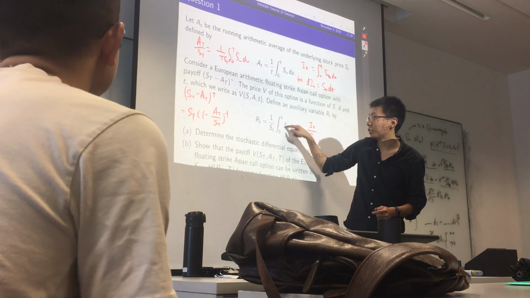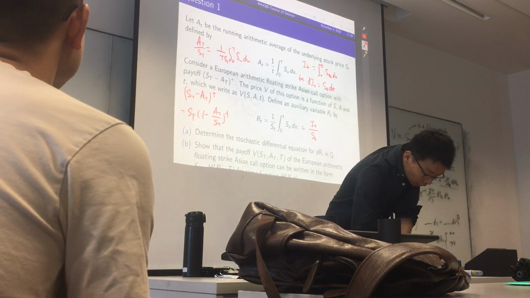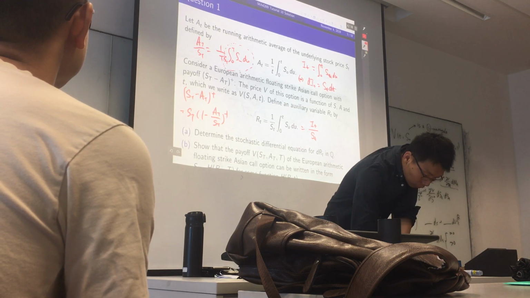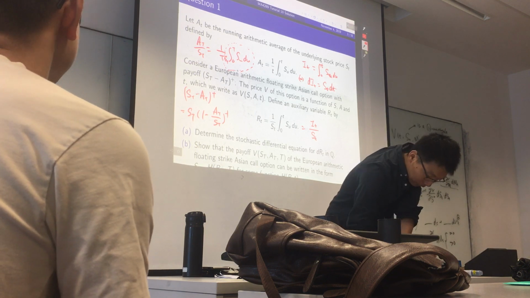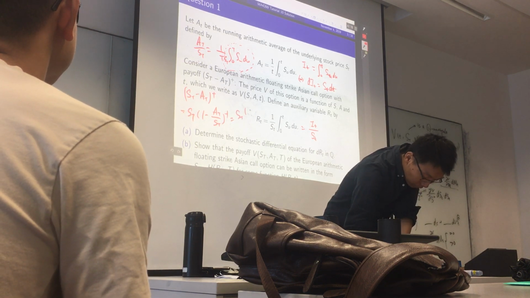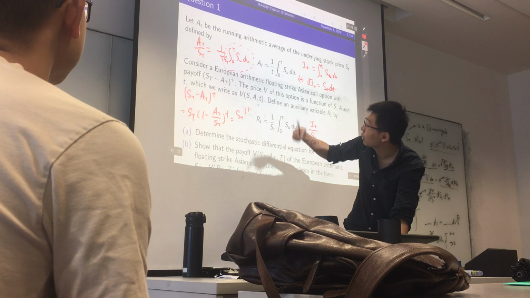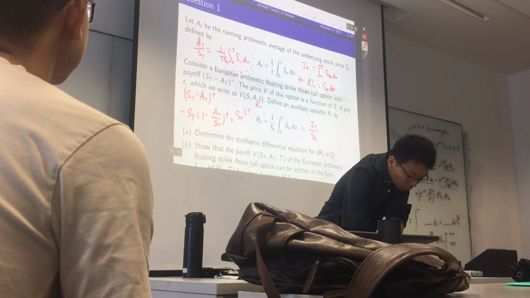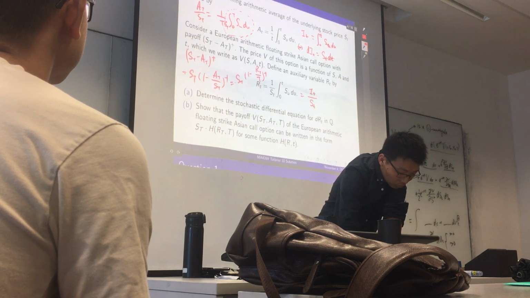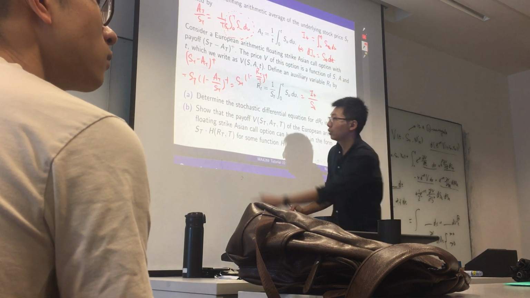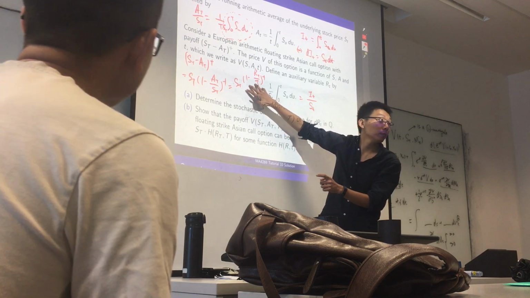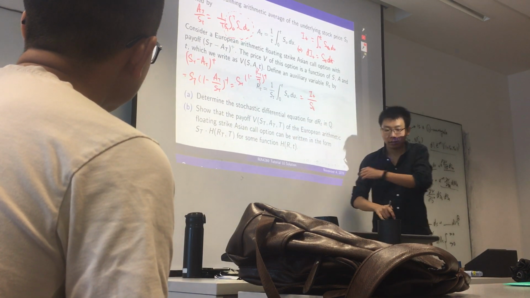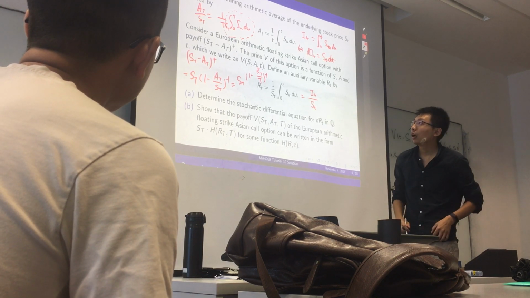RT is about this integral over ST. So this part is actually RT. So this is ST times 1 minus, and you see AT over ST just becomes RT over t, and the positive part is still there. So we can identify this h function; this is the h function. That's the payoff.